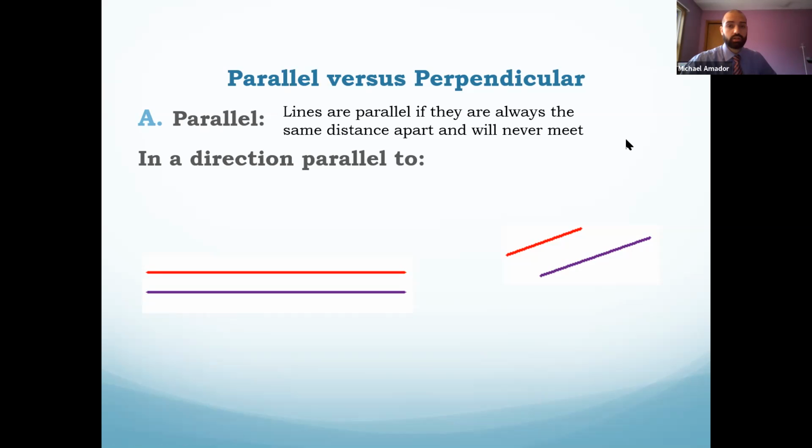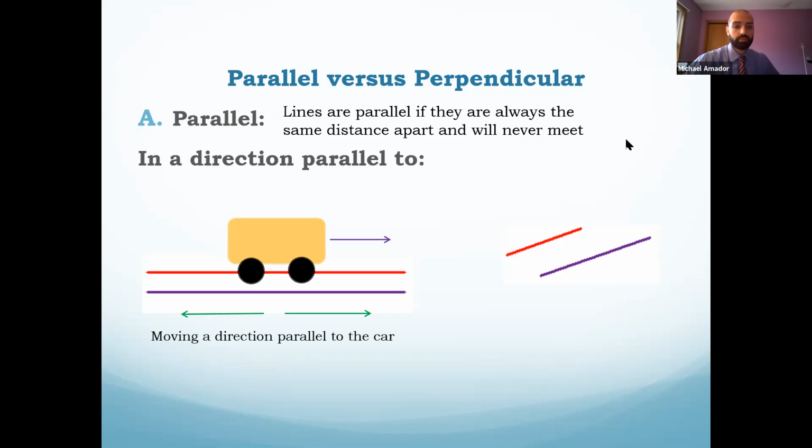Yes, two lines that go on and on forever. They stay the same distance, but they'll never meet. So if we say in a direction parallel to, take a look at this image here. Imagine a little car, which is moving in this direction. The direction which is parallel to the car is the purple line, and the red line is the direction the car is moving. So those two lines are parallel to each other.